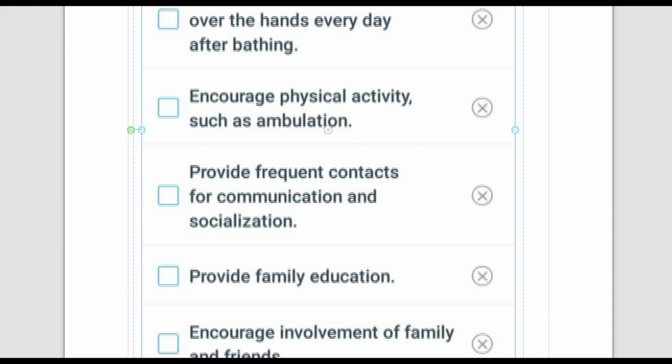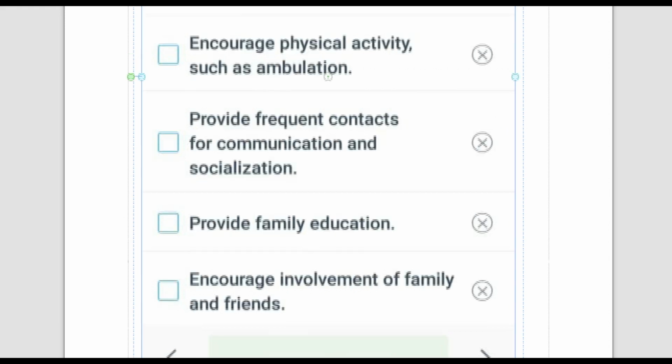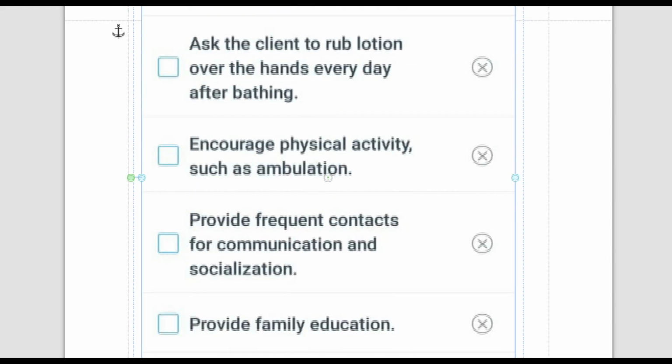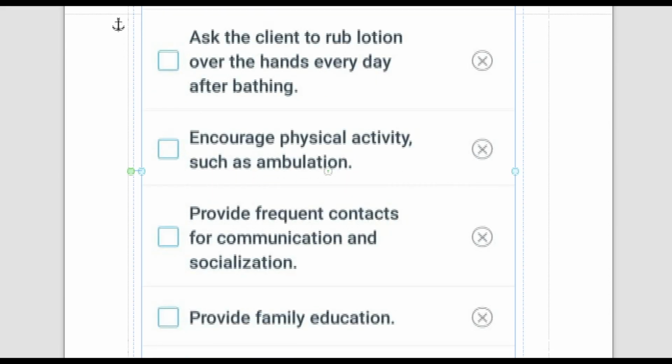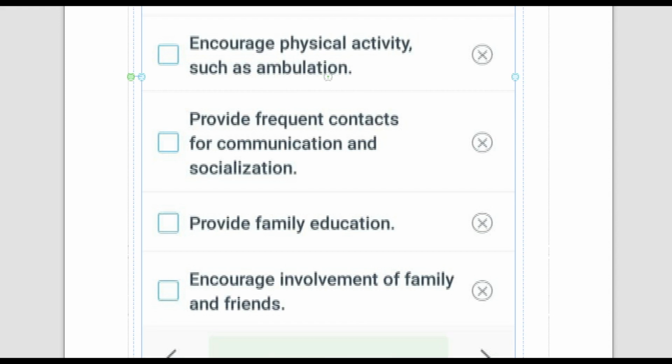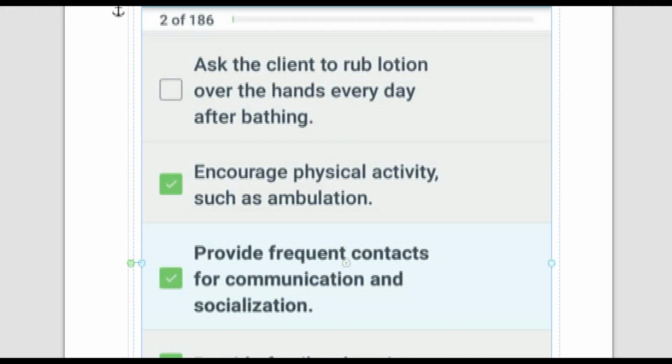So I would choose this. And encourage involvement of family and friends. I would also choose that. So my choices would be B, C, D, and E. Let's see if we're correct. And we are correct with our choices.